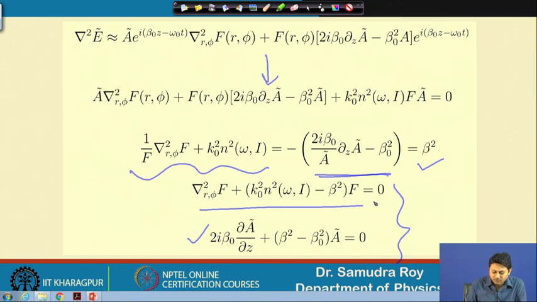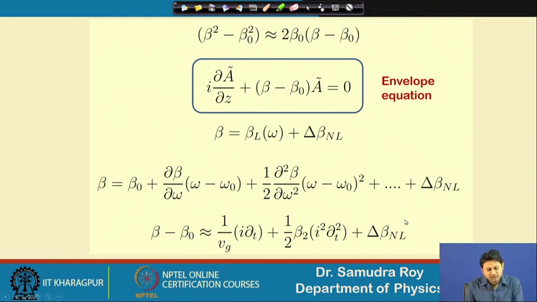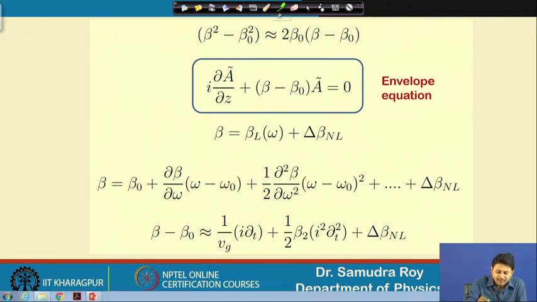Right now we will not bother about this field equation, rather we will try to find out how this envelope equation gives us this nonlinear Schrodinger equation. So, beta 2, this quantity I can simply write this, which we had done in our previous class. So, this simply becomes the envelope equation.